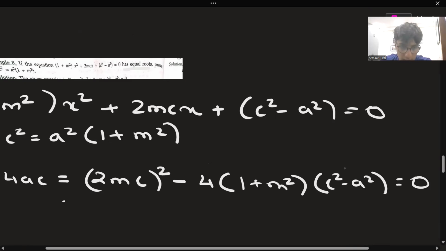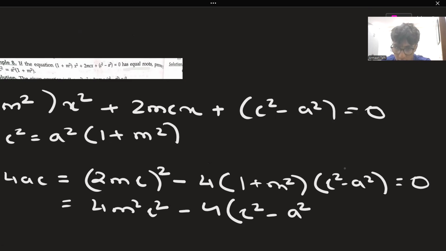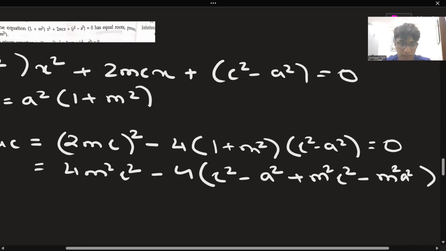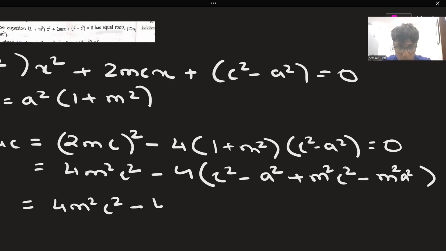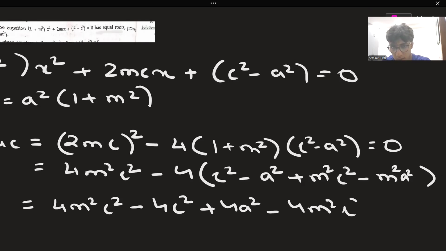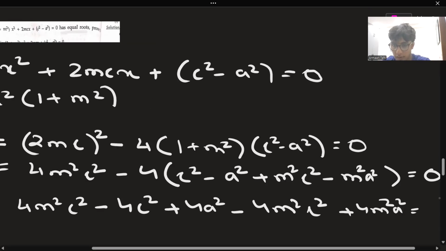Now, if we simplify this, we have 4m squared c squared minus 4 times, I'm just going to solve these brackets, c squared minus a squared plus m squared c squared minus m squared a squared, equals 0. If we open these brackets further, we get 4m squared c squared minus 4c squared plus 4a squared minus 4m squared c squared plus 4m squared a squared is equal to 0.